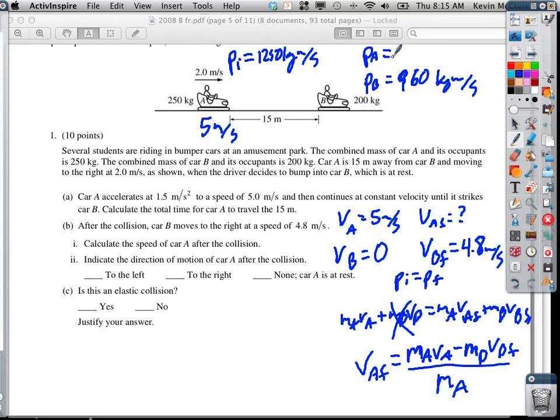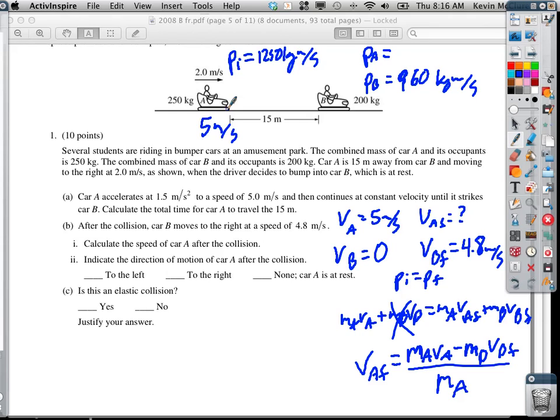Okay, if this was 1250 right here, Lisa, what would be the velocity of A after the collision? If the total momentum of B was equal to the initial total momentum of A, what would be the velocity of A after the collision? Kyle, help her out.